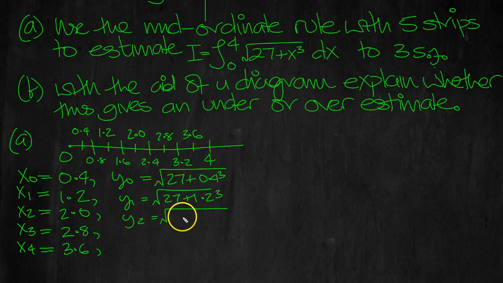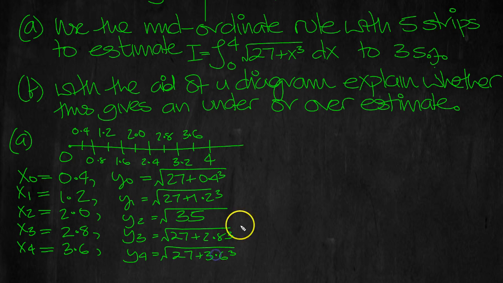Root of 27 plus 2 cubed: 2 cubed is 8, 27 plus 8 is 35. And then the last one, 27 plus 3.6 cubed.